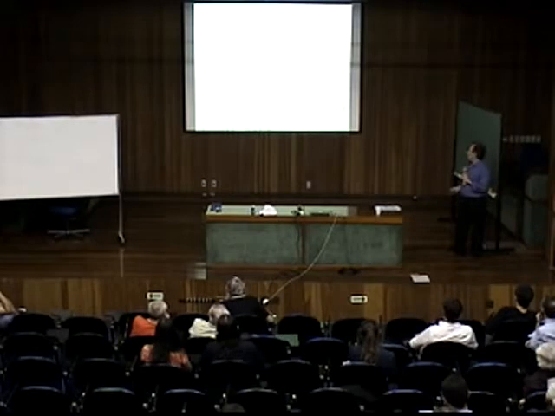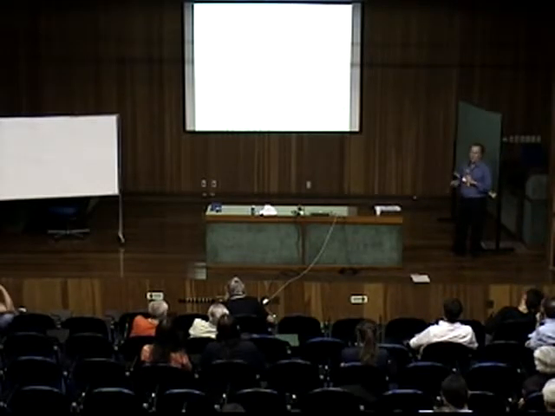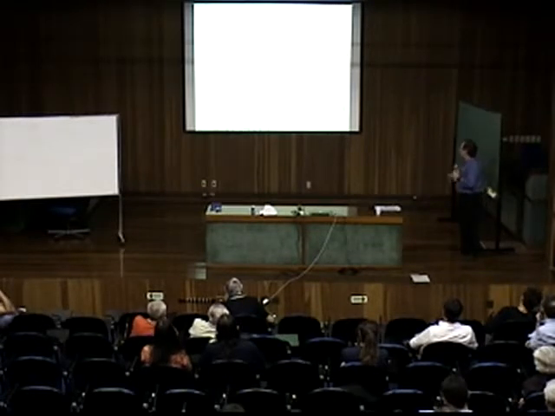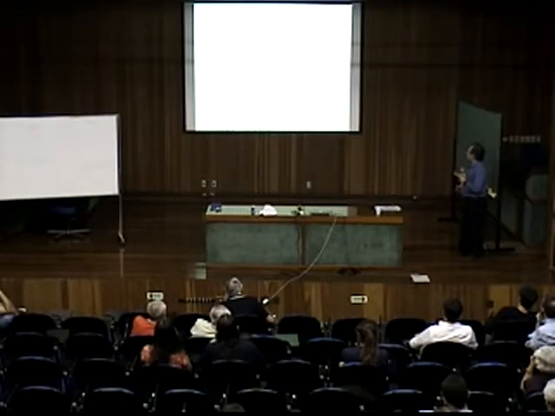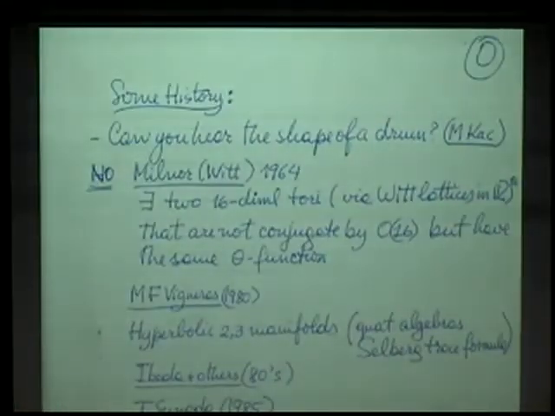As a consequence, these two lattices have the same number of elements of each fixed length in R16. After that, a different kind of example was given by Marie-France Vignéras, by means of hyperbolic 2 and 3 manifolds. She used quaternion algebras and the Selberg trace formula to prove isospectrality.